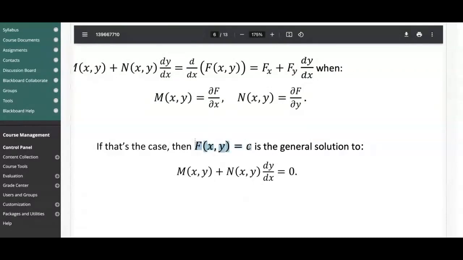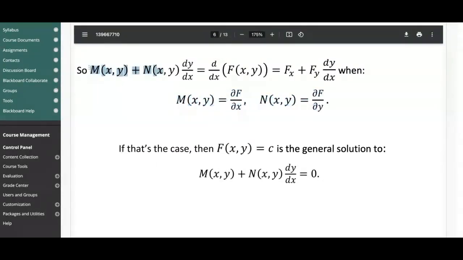So remember level sets, right? If we set a function equal to some constant, it's a level set. So if we have an equation as such, we can consider it as such, and of course the equation has to satisfy this.